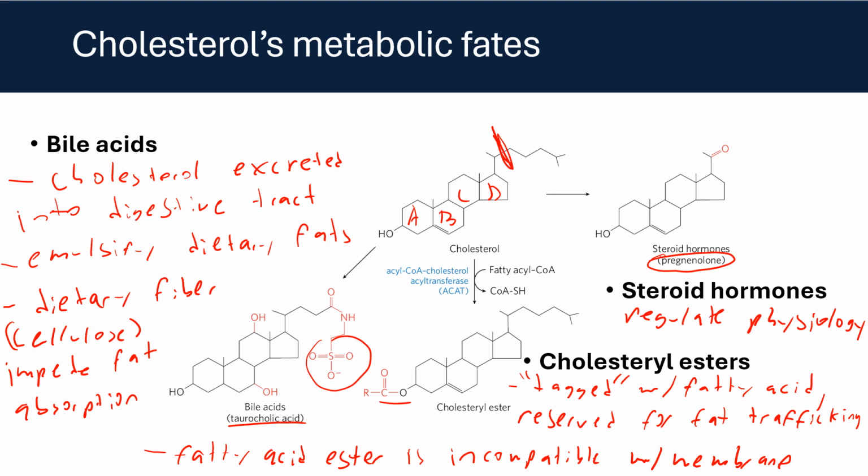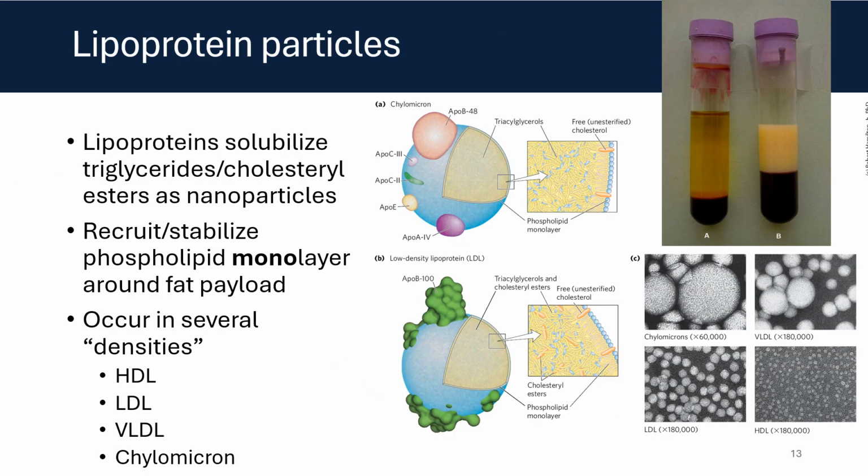And that elsewhere is going to be the beginning of fat trafficking. This is where lipoproteins come into play. Recall that lipoproteins are a class of amphiphilic proteins that solubilize both triglycerides and cholesterol esters by wrangling them into these nanoparticle structures. One example of a lipoprotein particle is the chylomicron.